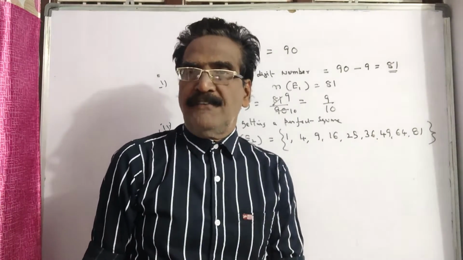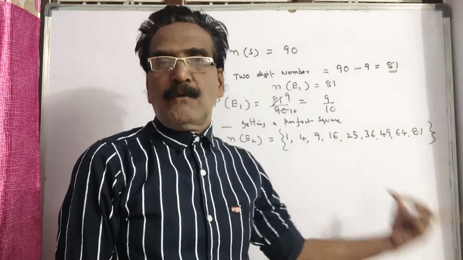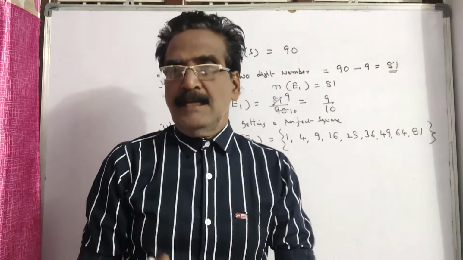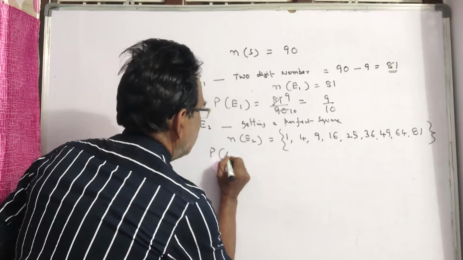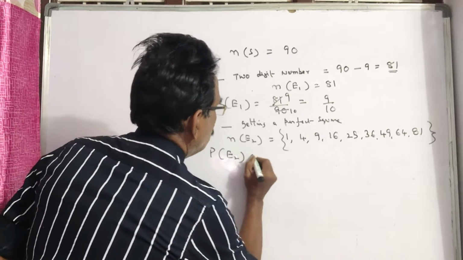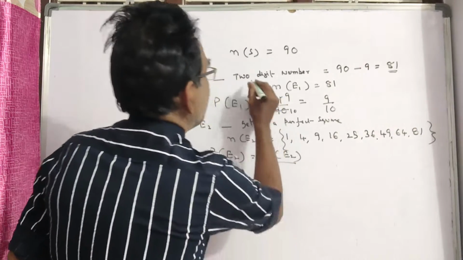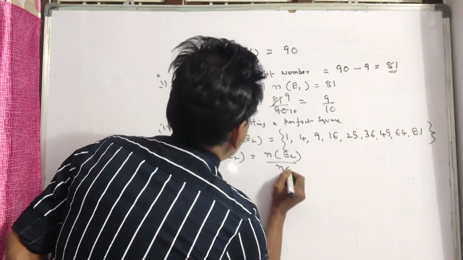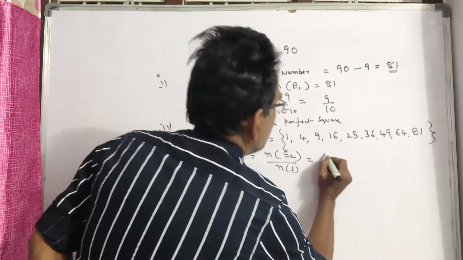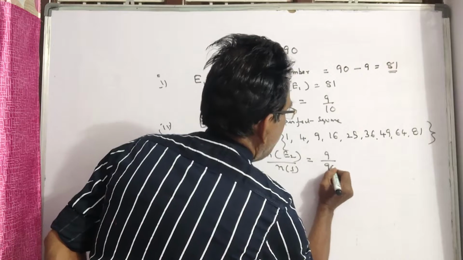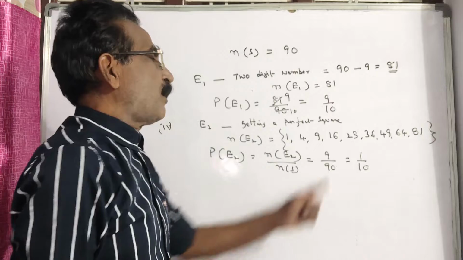These are 9 perfect squares from 1 to 90. So the probability of getting a perfect square, P of E2, is equal to n(E2) by n(S), that is 9 by 90, which is equal to 1 by 10, the required probability.